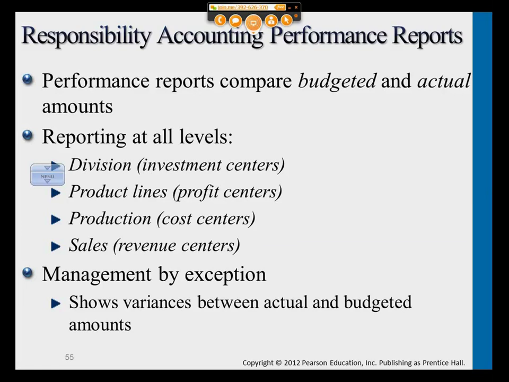So I'm going to look at the investment centers, my divisions, production lines for my profit centers, my production, which are my cost centers, and the sales for the revenue centers. So I'm going to be looking at reports on all levels.